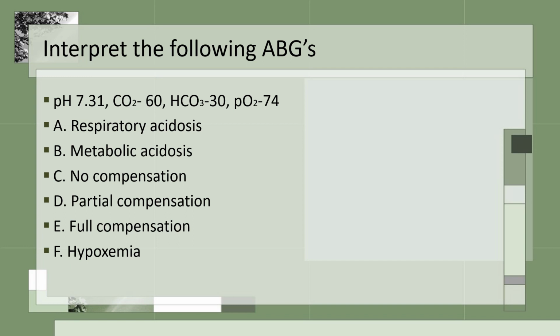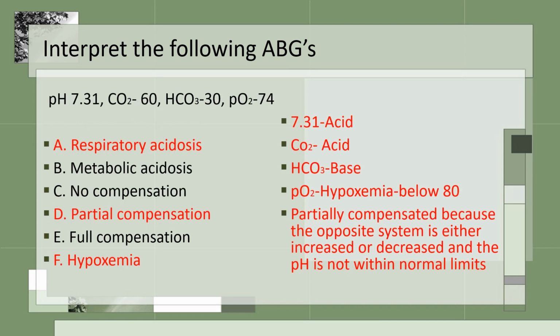So, we're going to do a little review first, so interpret the following ABGs. The following slide is respiratory acidosis with partial compensation and hypoxemia. The pH is an acid, the CO2 is an acid, the bicarb is a base, the PO2 is hypoxic because it's below 80.